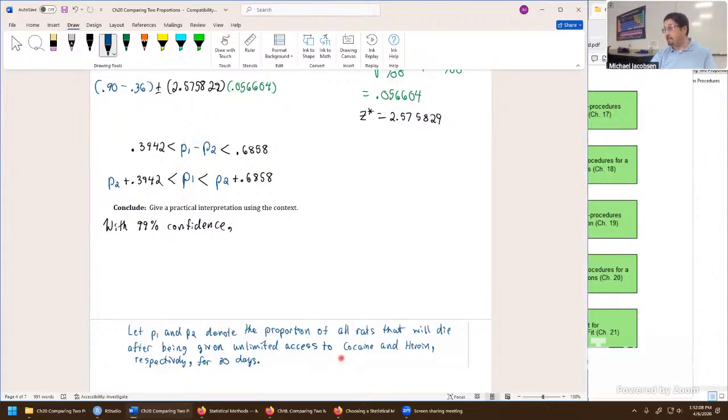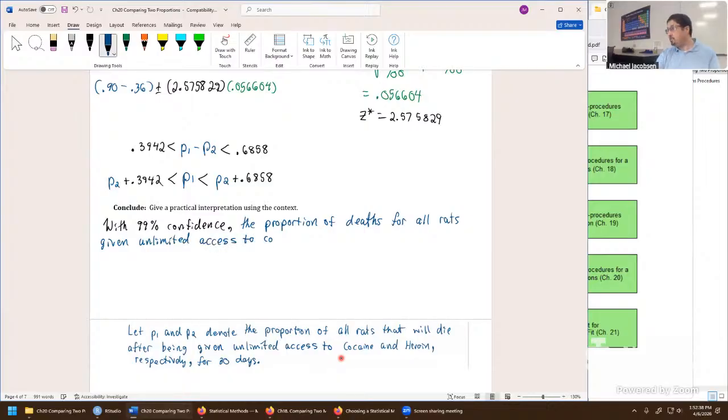So we need to say the proportion of deaths. We have to mention what the success is in this as well for all rats given unlimited access to cocaine.